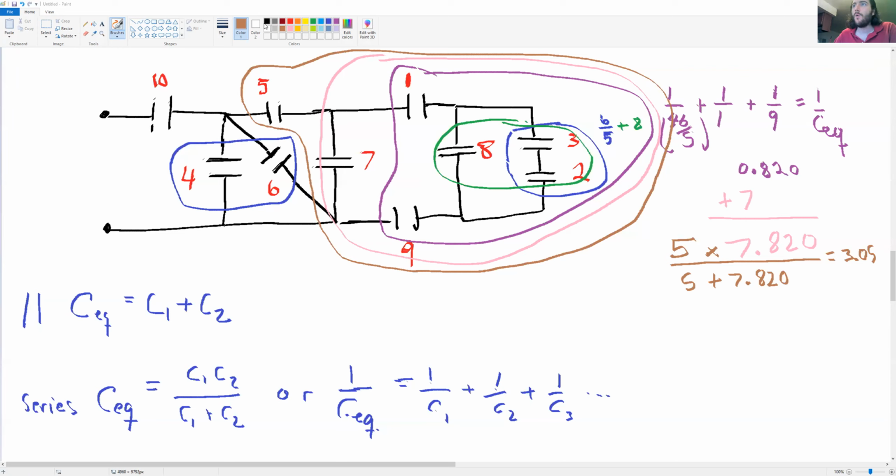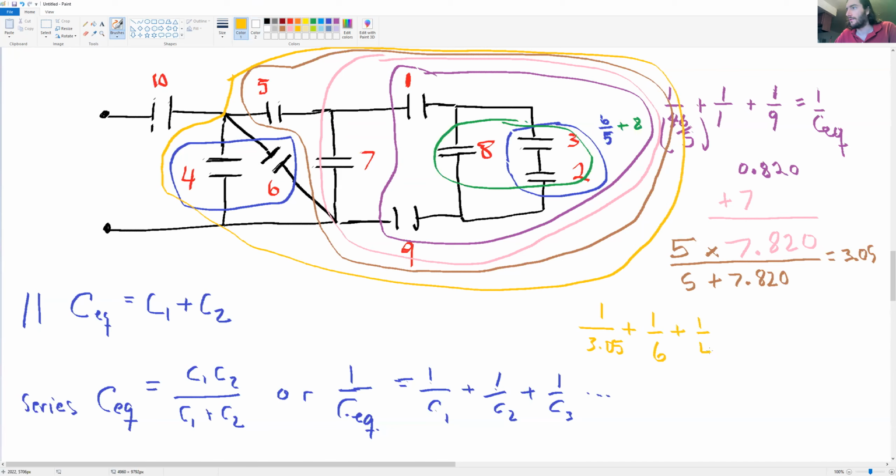All right, so now we have the brown equivalent capacitor, and that capacitor indeed is in parallel with these other 2 capacitors here. So the 4 and the 6, they are definitely in parallel. So we can combine those 3 all at once. We can do 1 over 3.05 plus 1 over 6 plus 1 over 4.